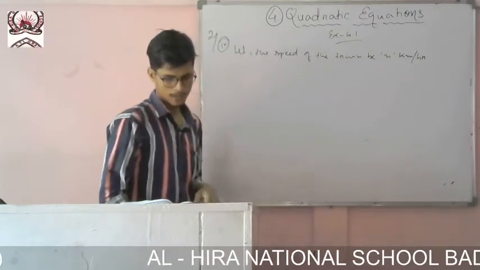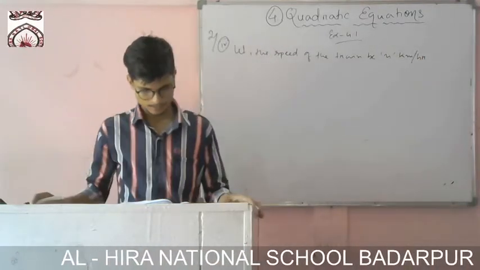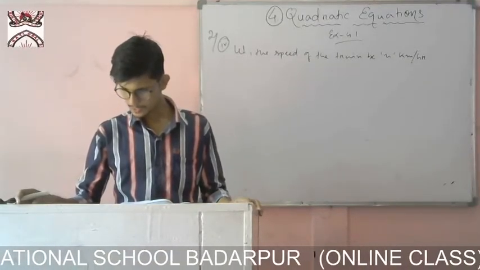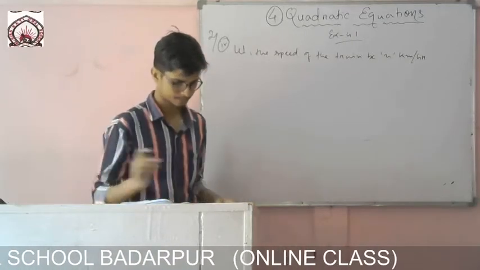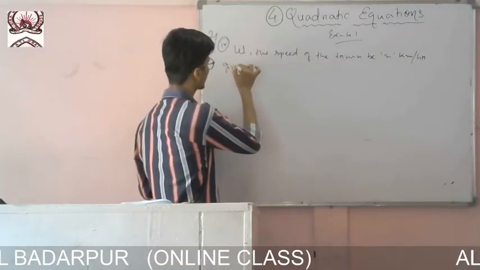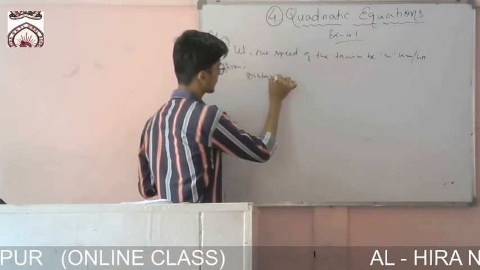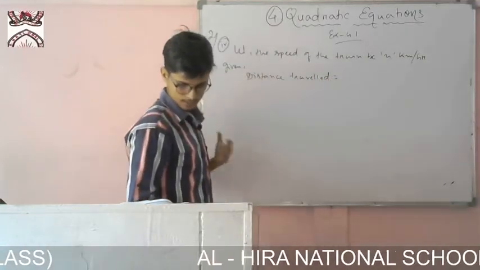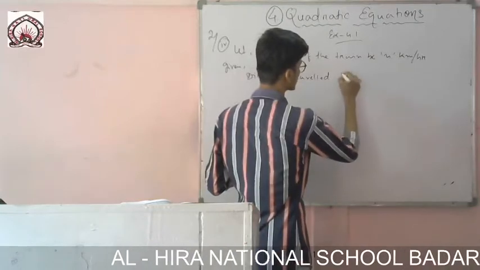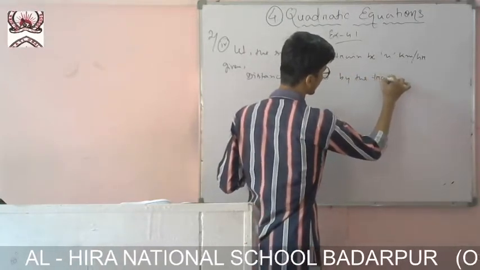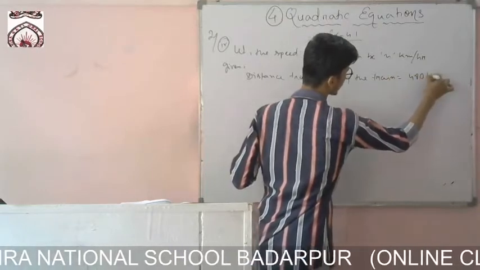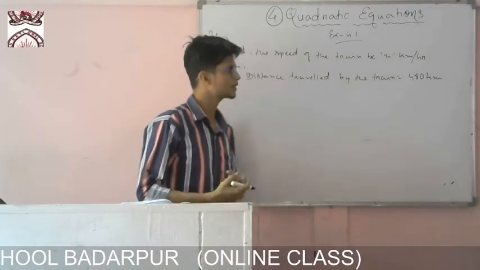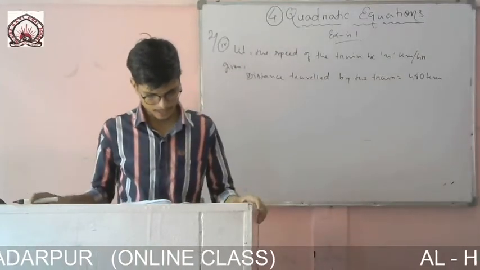And the distance traveled is given as 480 kilometer. The distance traveled by the train is 480 kilometer.